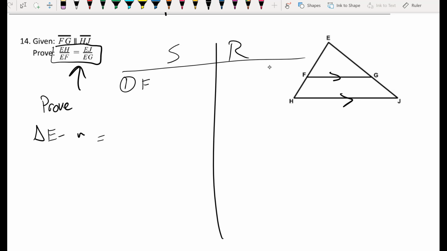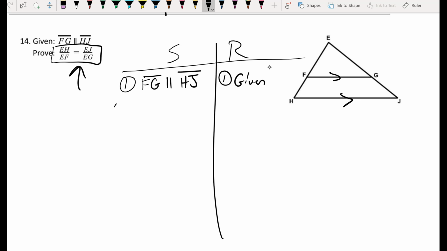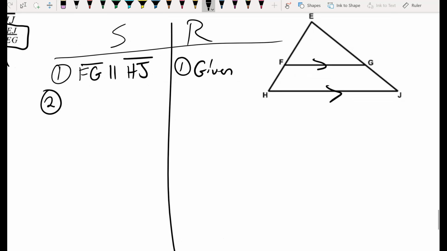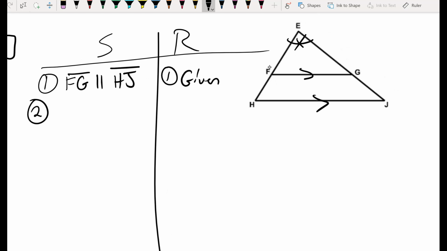I'll restate my givens. I know that FG is parallel to HJ, because that's a given. And anytime I give you parallel lines, you should be looking for congruent alternate interior or congruent corresponding angles. Now I notice that angle E is reflexive here. It's shared by both triangles.